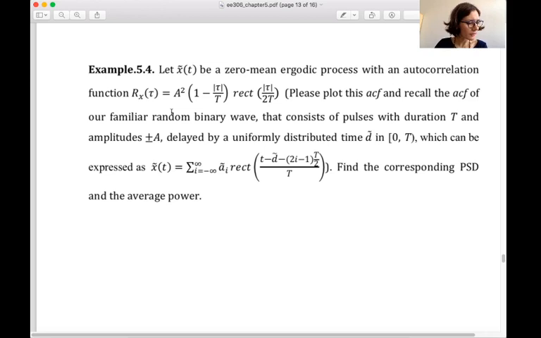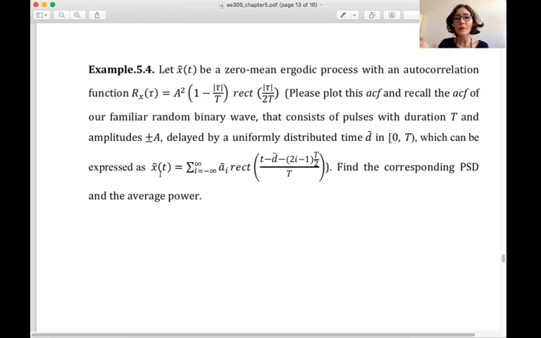We actually looked at some example where we called it the random binary wave. So the thing is, we had a random process that was like a square wave with amplitude A or minus A, but of course the value at each time slot could be randomly A or minus A. It's something like a square wave, so random binary wave.